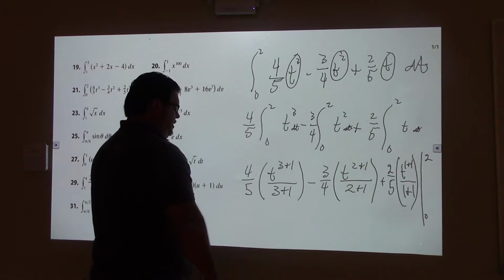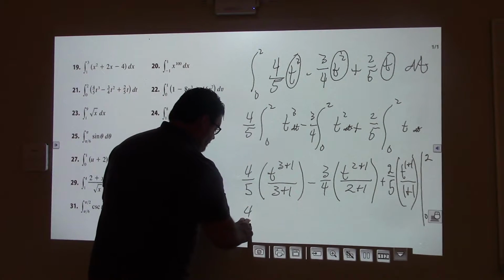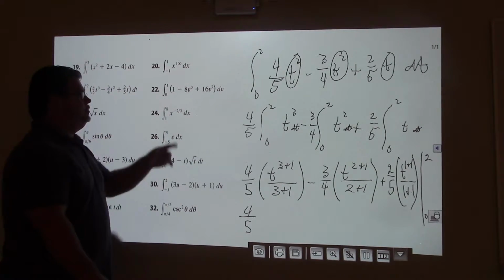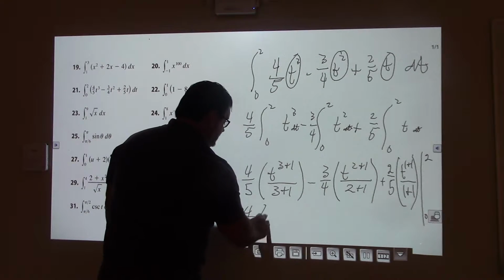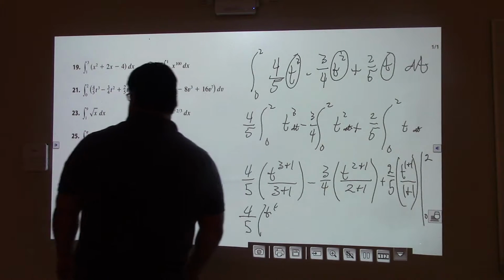So, what does that give us? Well, this is going to be 4/5. I'm trying to write my 5s with one motion. T to the 4th. Ooh, well, that screwed that up.